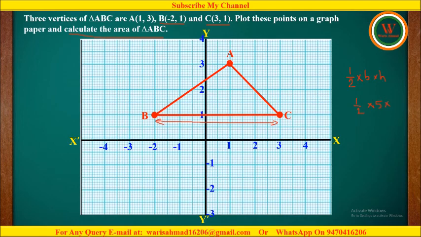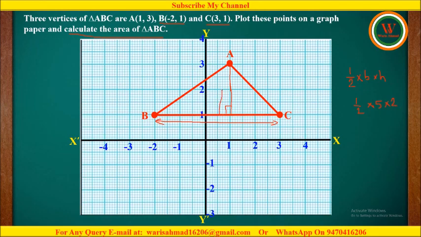Now this is the vertex of this triangle. From here we have to draw one perpendicular to the base. This line is representing the height of the triangle. So here we can observe that the height of this triangle is 2 units. Let us see how it will be 2 units.